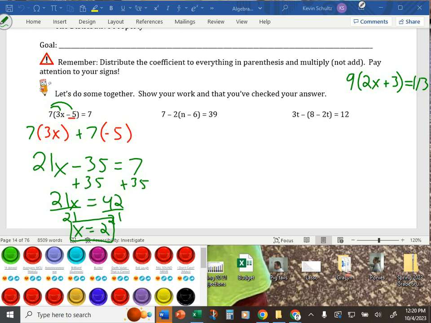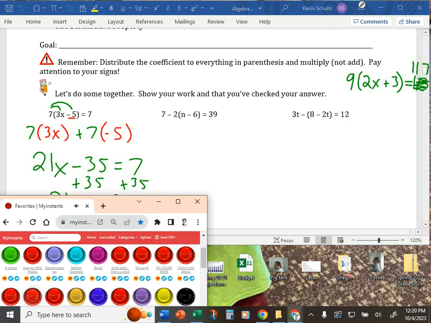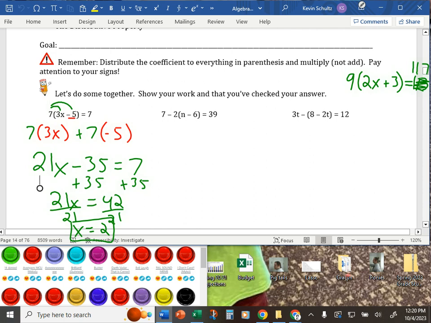Oh, hold on. Not 113. Seriously? 117. Sorry. Wait, can you use my eraser? Oh, sorry. So my eraser is like... What?